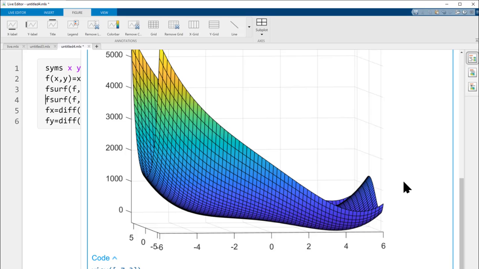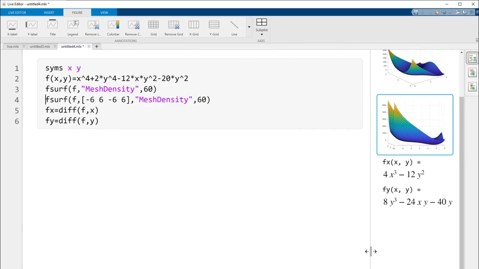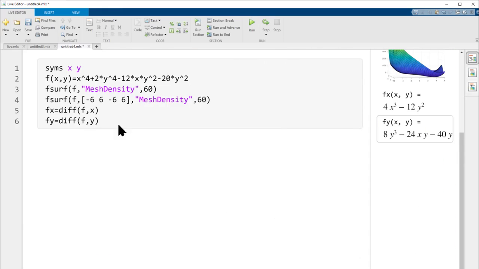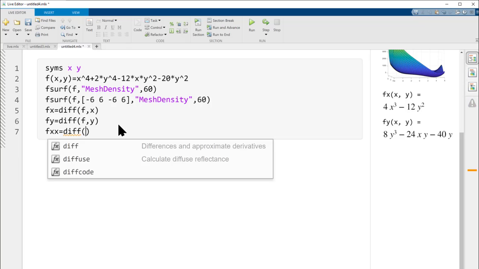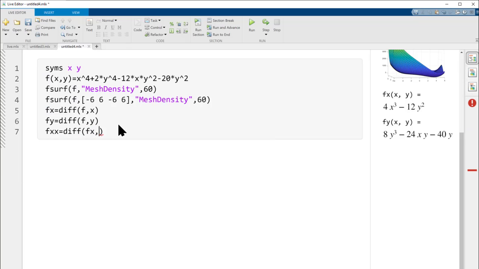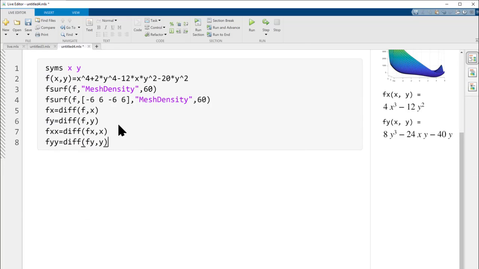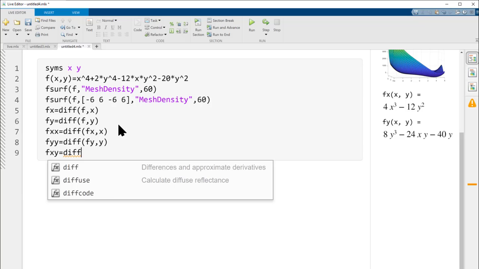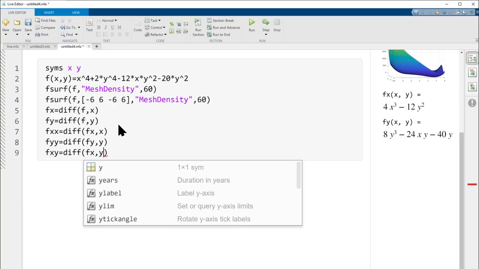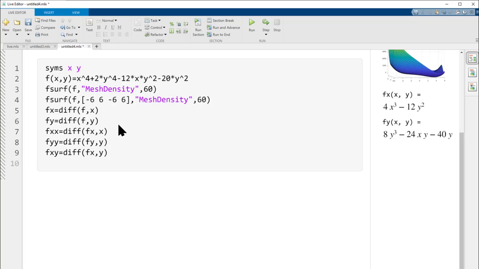And then we have to go to the others and look at it a little more globally. Okay, so now I am going to define fxx as the second derivative of f with respect to x, fyy as the second derivative of f with respect to y, and fxy as the mixed partial, the derivative of f partial of x with respect to y, right?